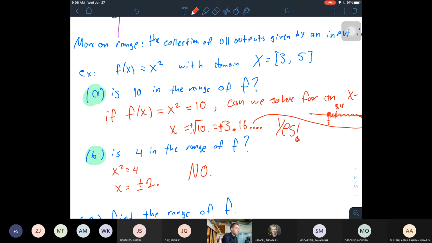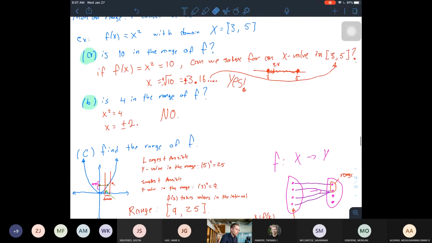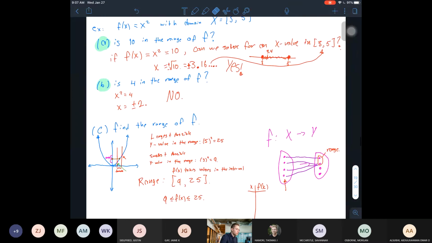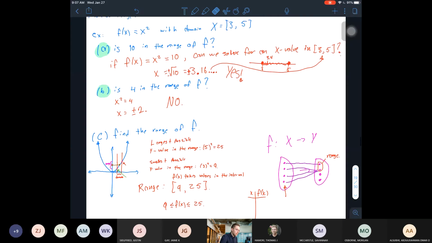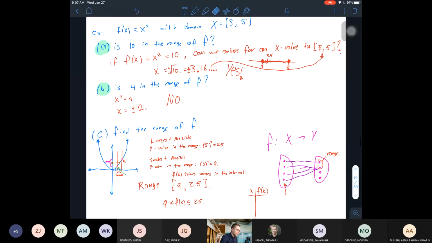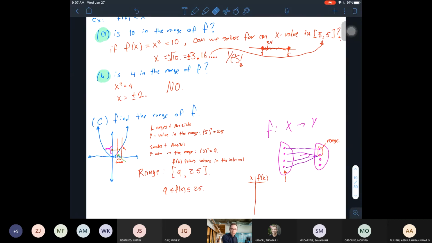Later on, we might have different functions like x squared over 3x plus 7, with different function rules. But if the function is f of x equals x squared, then yes, you can just square the domain values to get the range, though you have to be careful about the order you write it in, depending on whether your domain is positive numbers, negative numbers, or a mixture of the two.